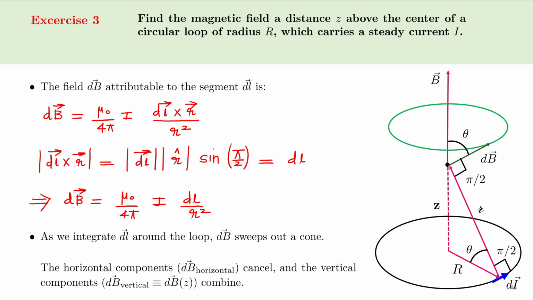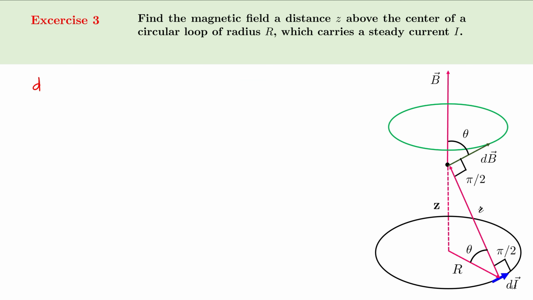Then as we integrate dl around the loop, dB sweeps out a cone. All the horizontal components of dB, that is dB horizontal, cancel, and we are left only with the vertical components. And all these vertical components will add together to result in the total field B. So dB along the z direction is equal to mu 0 over 4 pi I dl over script r square multiplied by cos theta.